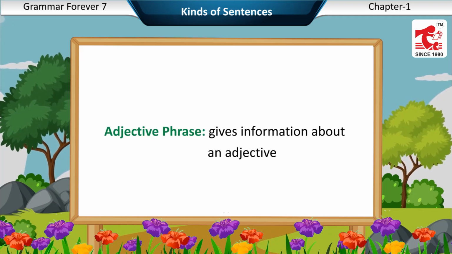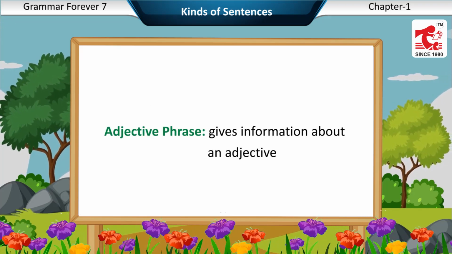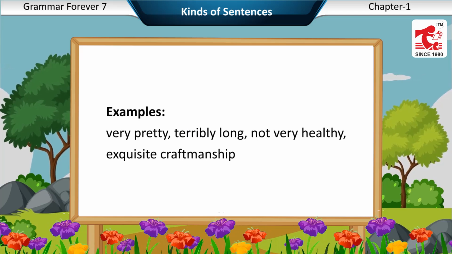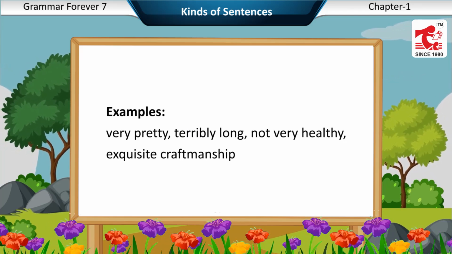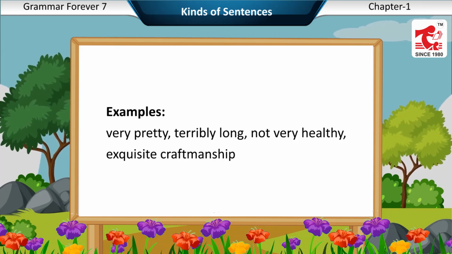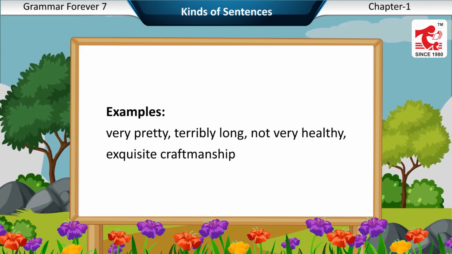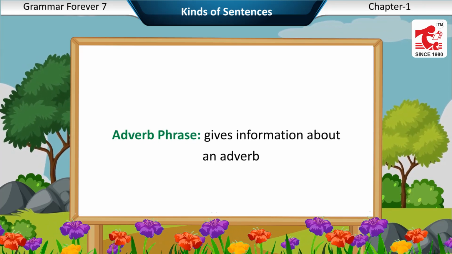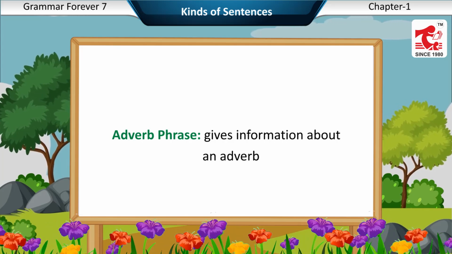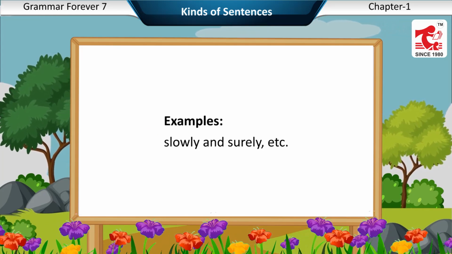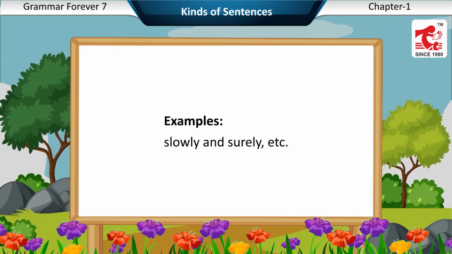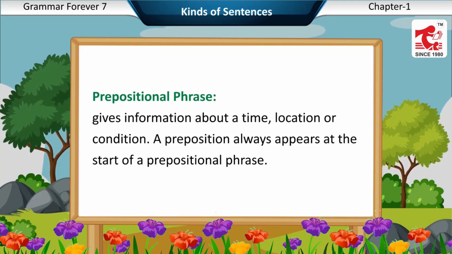Adjective phrase. Gives information about an adjective. Examples: very pretty, terribly long, not very healthy, exquisite craftsmanship. Adverb phrase. Gives information about an adverb. Examples: slowly and surely, etc. Prepositional phrase.